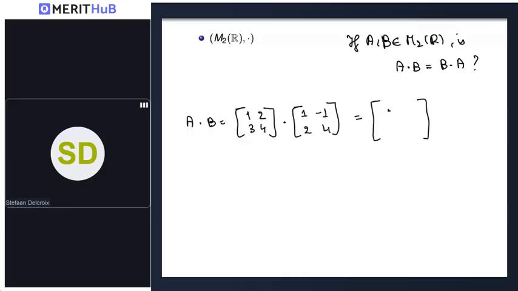So when we multiply those two matrices, 1 times 1 plus 2 times 2, we get 5. And then 3 other entries.